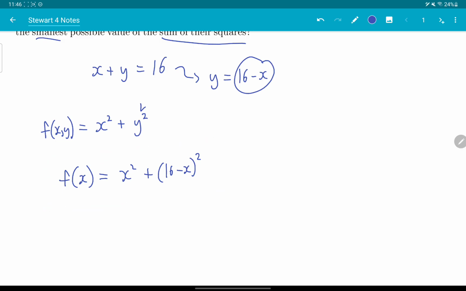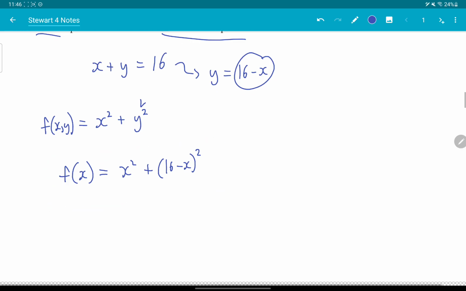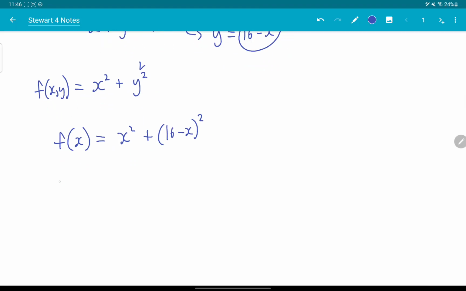I have a function, I want to find its minimum. How do I do that? I take a derivative, set it equal to 0. I could expand this, but I would rather just jump into the calculus. Expanding is not generally helpful.